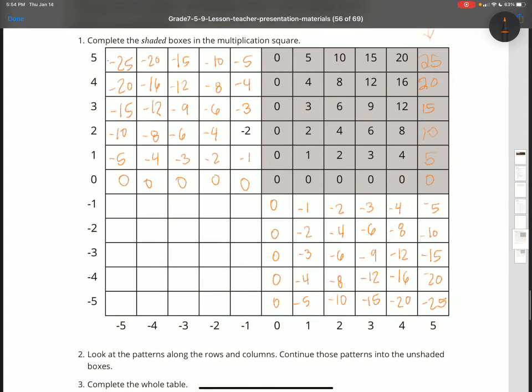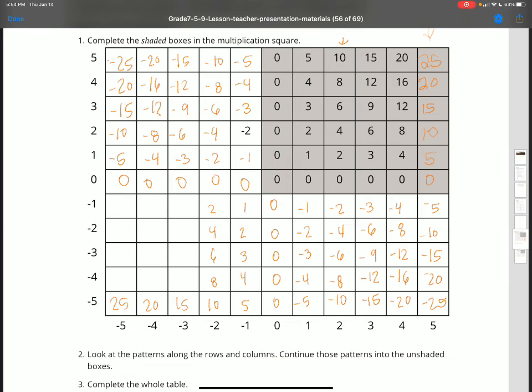All right. So then for the next quadrant, which is the negative times the negative, a negative times a negative is a positive number. So this quadrant should look the same as this one. It's going to be 1, 2, 3, 4, 5. And then 2, 4, 6, 8, 10. And then I can do the bottom one, which is 5, 15, 20, 25.